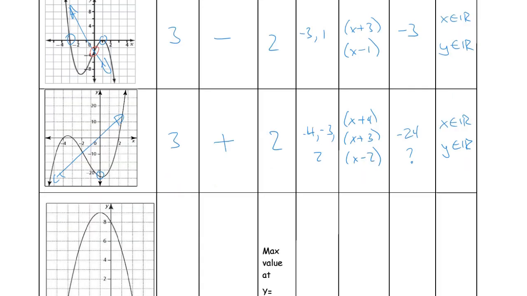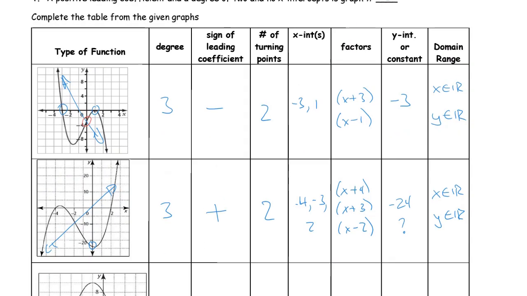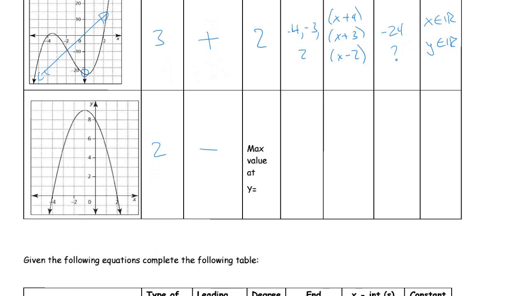Okay, we've got a quadratic here, so I believe it was degree 2. This one has a negative leading coefficient because it opens down. The number of turning points here was 1, and it's got a maximum value of 9. My x-intercepts here are -3.